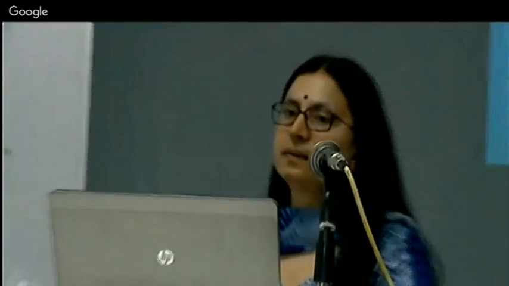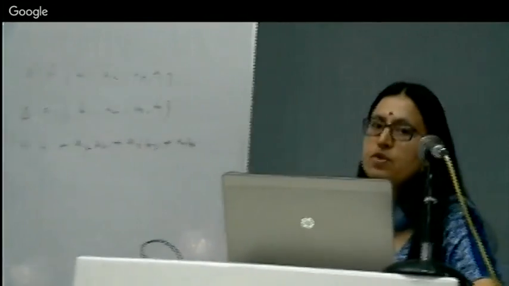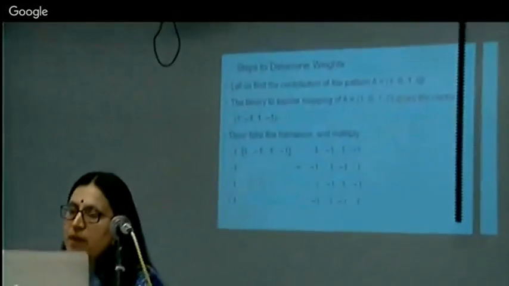This is how we find out that the vectors are orthogonal, and then we determine the contribution of each vector to the weight matrix.